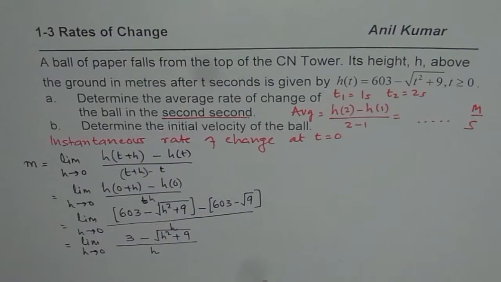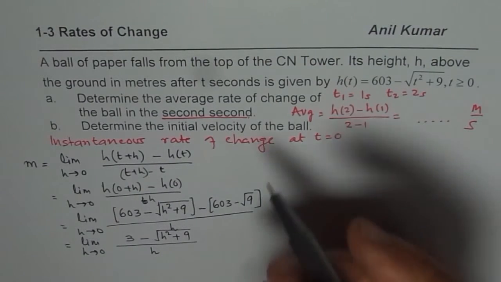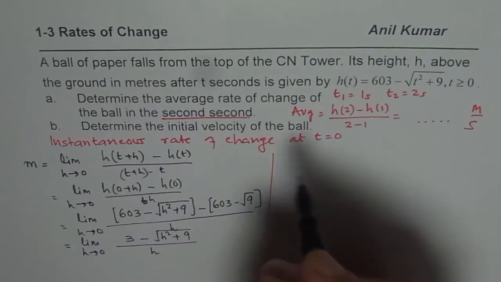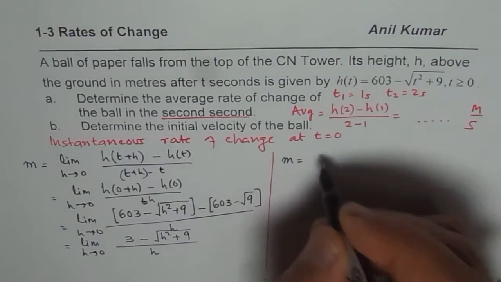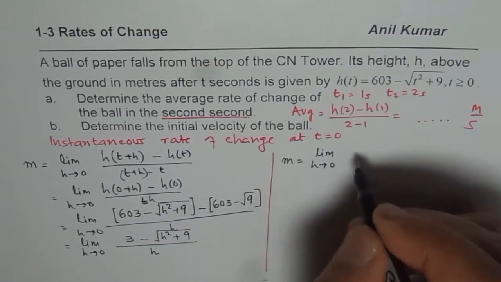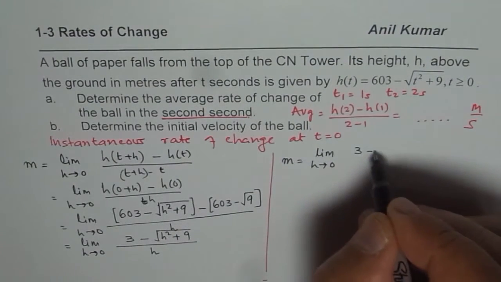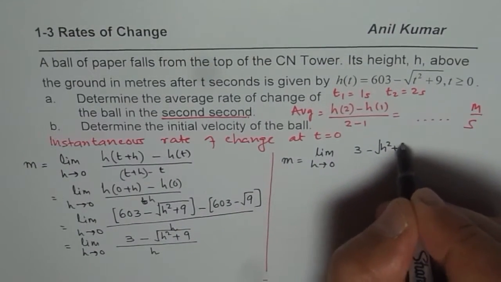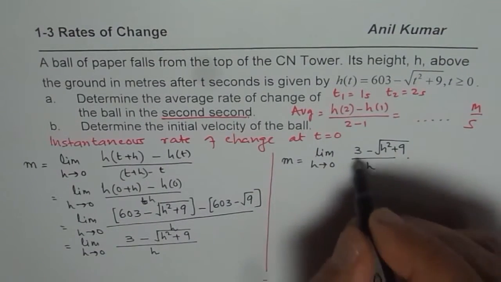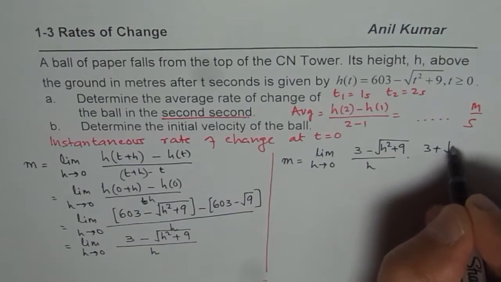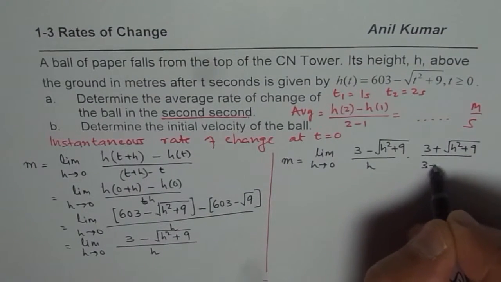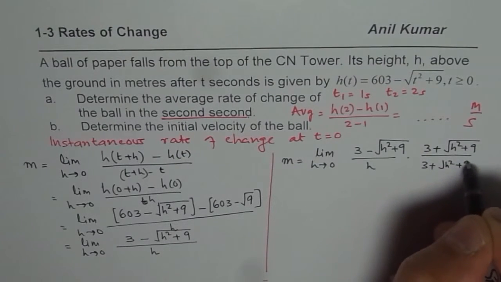Now to solve this expression, we should rationalize. So the slope, or instantaneous rate of change, will be the limit as h approaches 0 of (3 - √(h² + 9))/h. We rationalize by multiplying by (3 + √(h² + 9)) divided by (3 + √(h² + 9)).